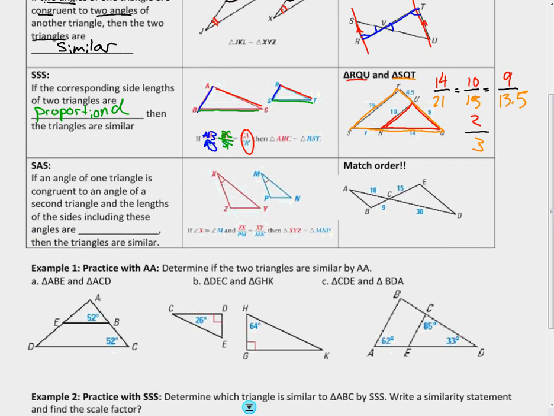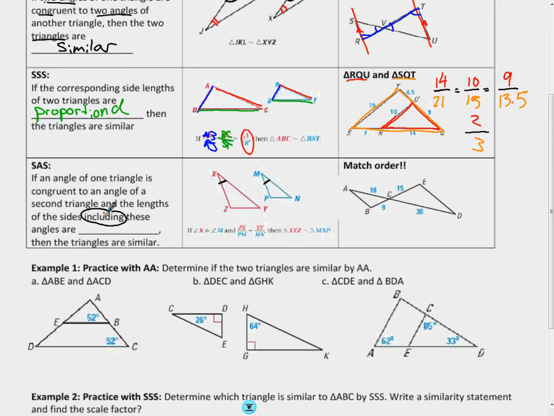If an angle of one triangle is congruent to the angle of another triangle, meaning that x and m are congruent to each other, and the side lengths that include that angle. If 2 side lengths include an angle, the angle is in between the 2 sides.